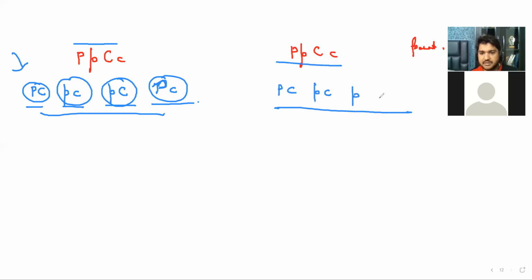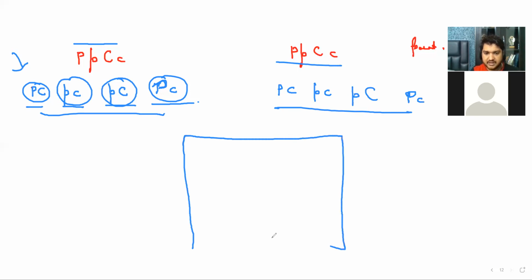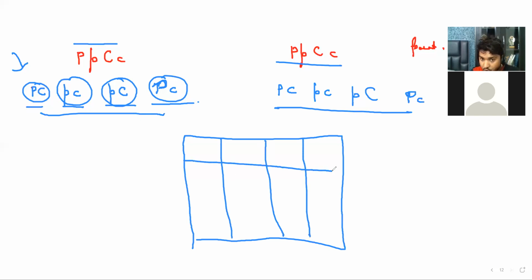So now we have to conduct a Punnett square again, because it is total 16. I told you one thing: it is complementary. If only capital P is there and there is no capital C, will it be purple?